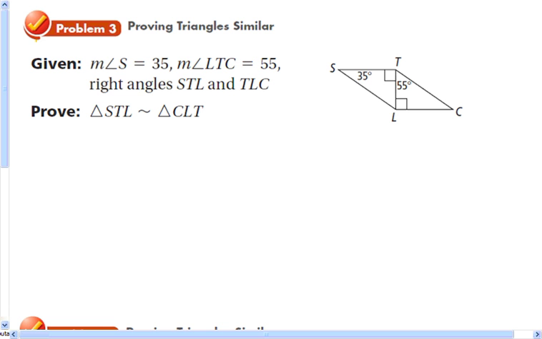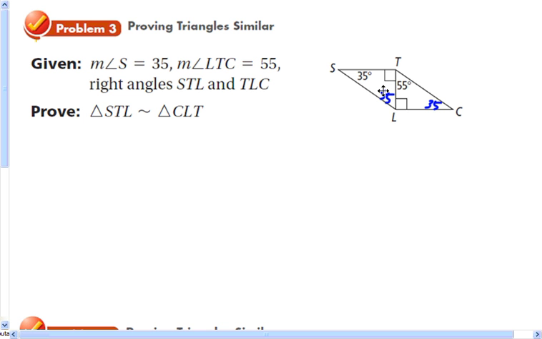But we can say that this angle here is going to be 55, and this angle here is going to be 35. And so we can say that these are similar by angle similarity. And so to do that, we're just going to write down the steps.